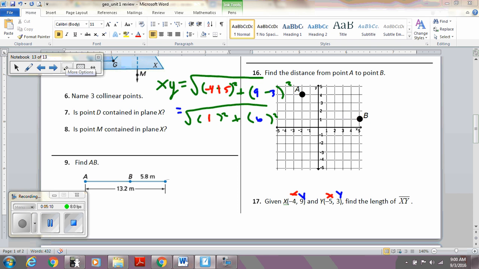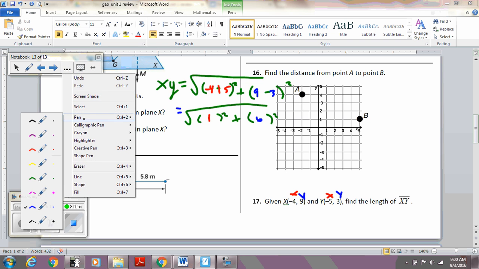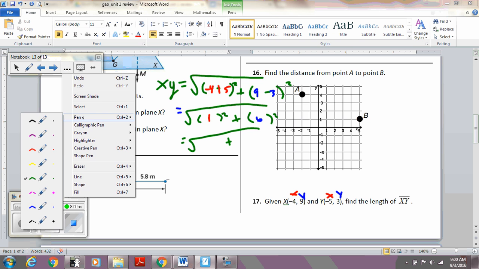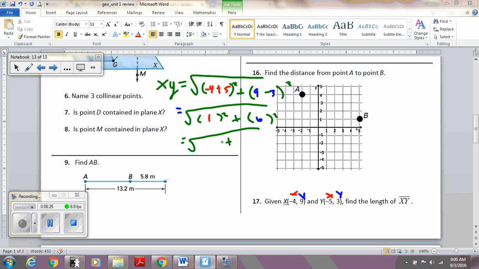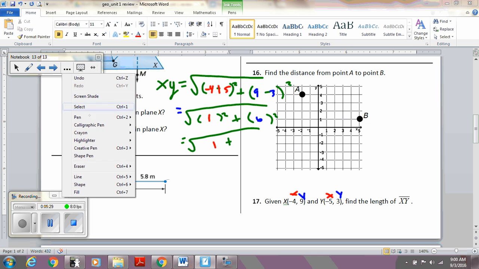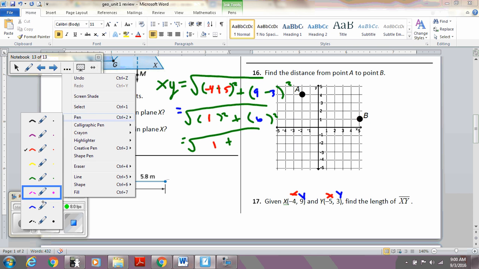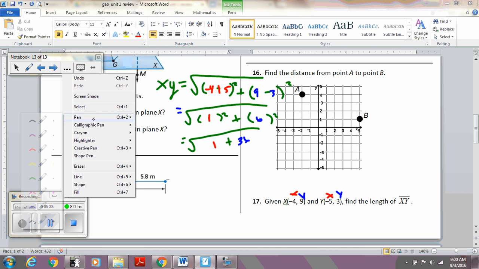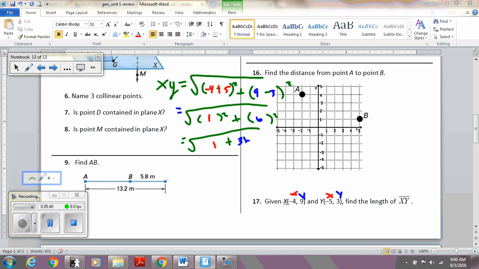All right, and now we're going to square everything. One squared is simply 1. 6 squared is 36. One plus 36 is going to give us 37.